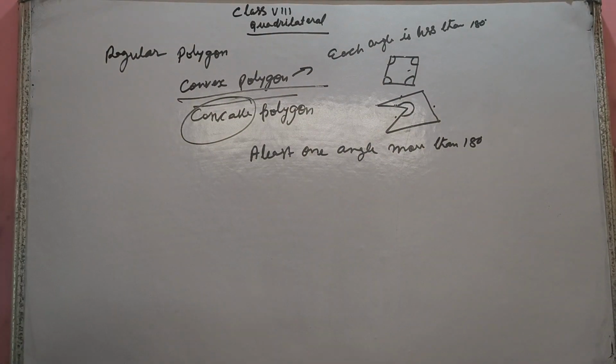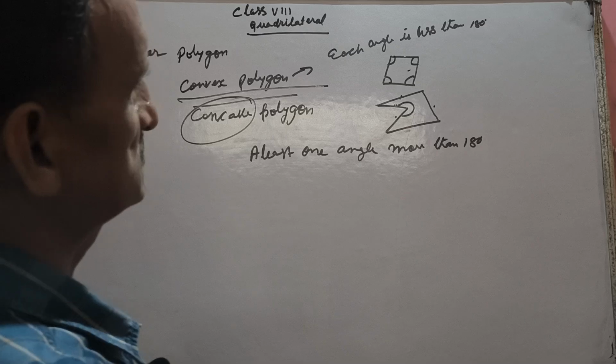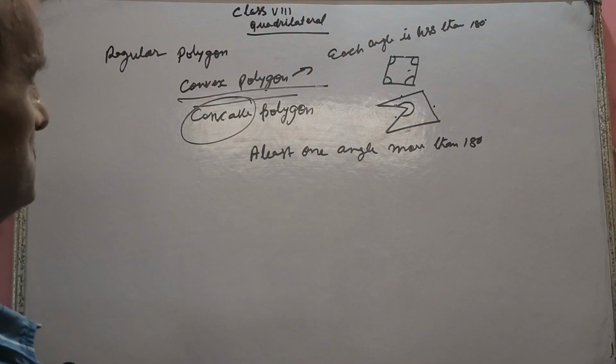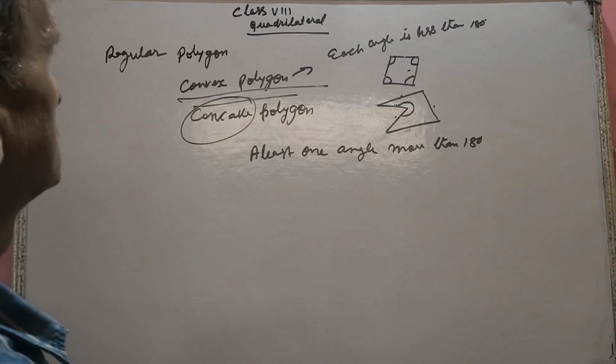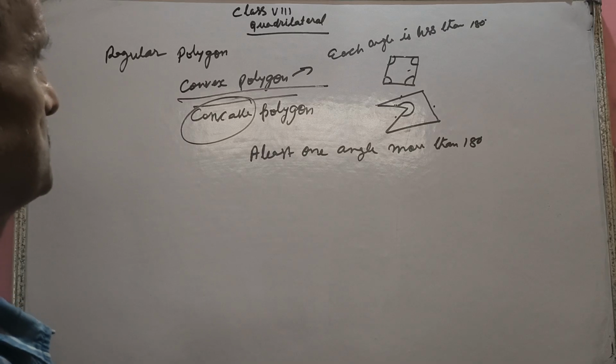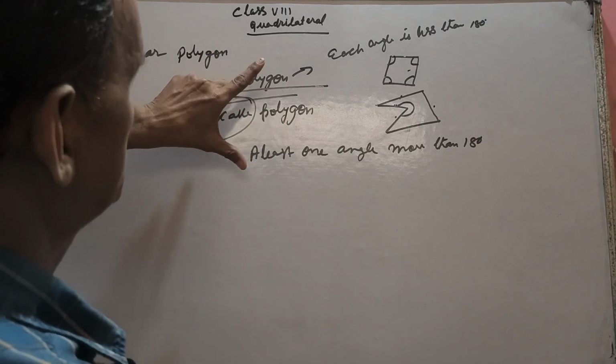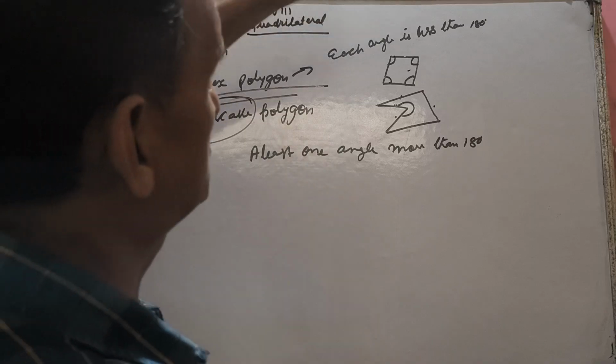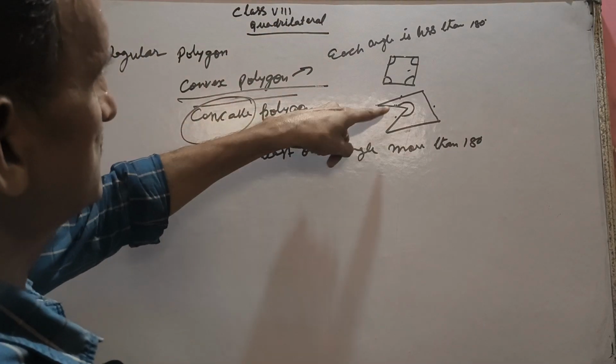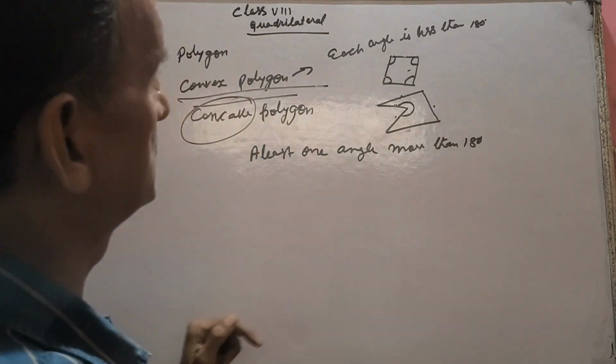Now this is also a question: what is the difference between convex polygon and concave polygon? This one is enough as a definition. Each angle is less than 180 degrees, and at least one angle is more than 180 degrees.